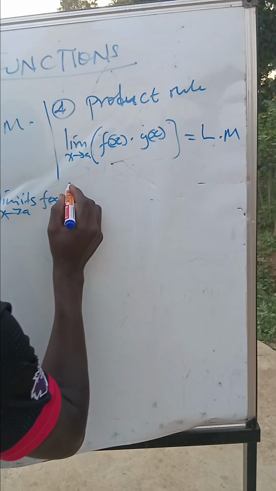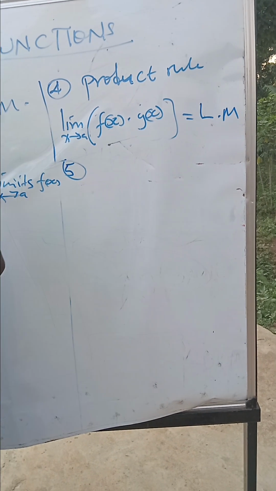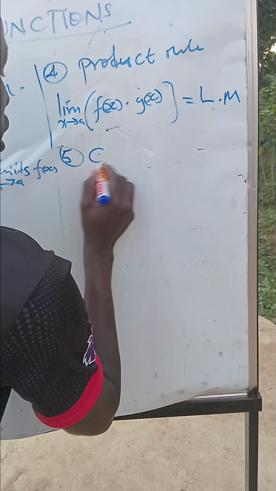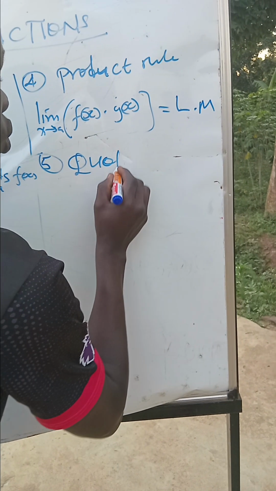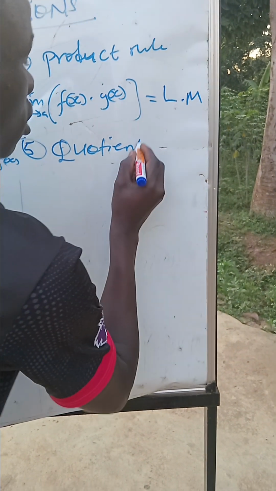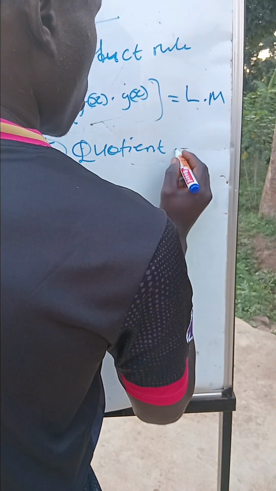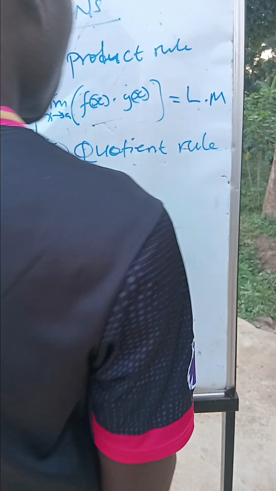Then we have the fifth property, the quotient property or quotient rule.